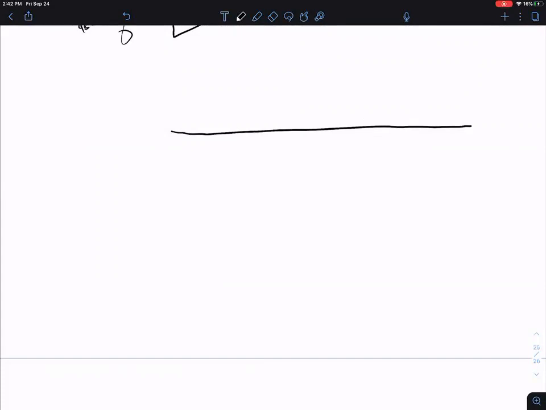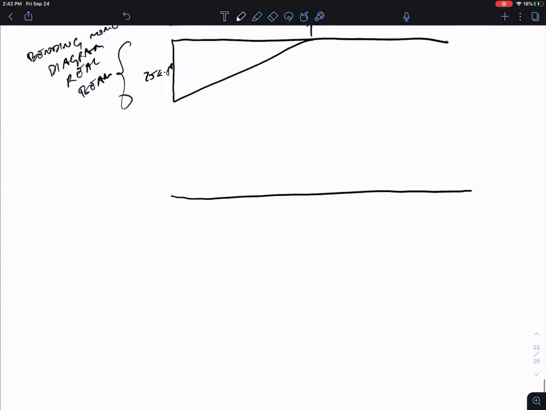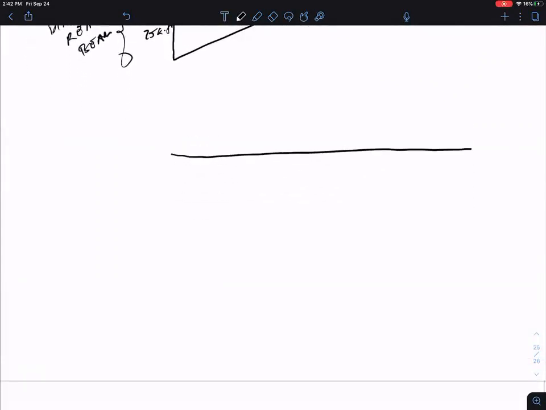That means we're going to have 0 moment and 0 shear in the conjugate beam, which corresponds to a free end. And when your real beam has a free end, that corresponds to non-zero rotation, non-zero transverse displacement. So in the conjugate beam, you're going to have shear and moment, which corresponds to a fixed support.